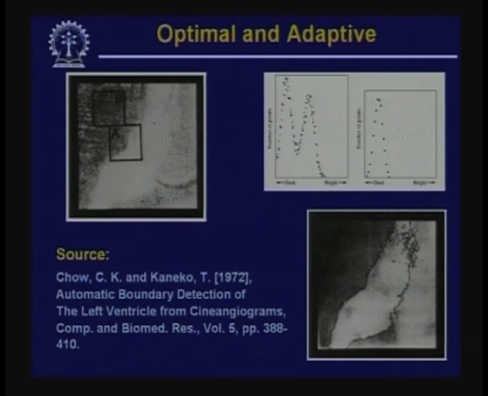Whereas if I take a sub image here, this normally shows a unimodal histogram, which is given here. For these sub images no threshold was detected; the threshold was detected only for those sub images which showed a bimodal histogram. And the thresholds for the other sub images were estimated by interpolation of the thresholds of the regions having bimodal histograms.